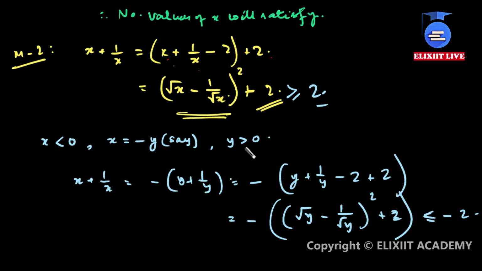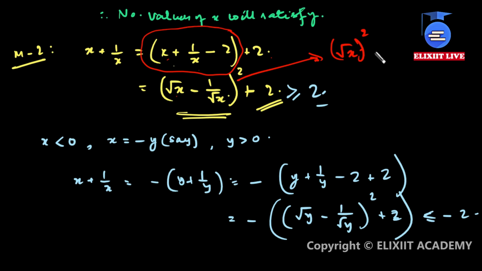So ultimately why are we doing this? The moment we do this, this particular expression is root x minus 1 by root x whole square. If you expand this, you get root x whole square minus 2 times root x into 1 by root x plus 1 by root x whole square, isn't it?